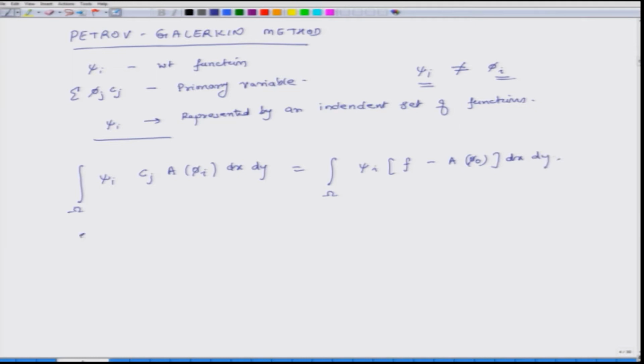Now even if A is a linear operator, and I assume that A is linear, though it need not be, this term is not symmetric.